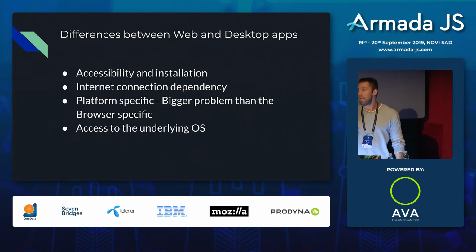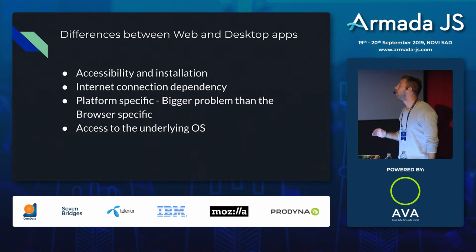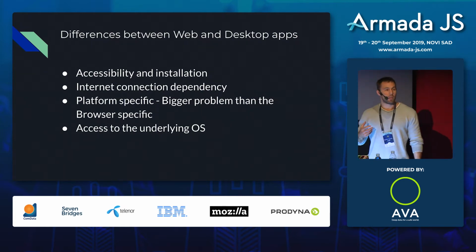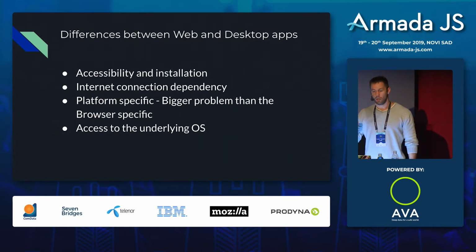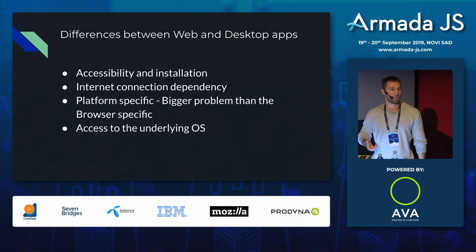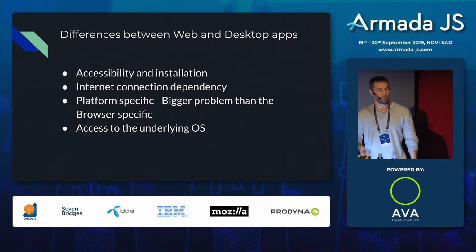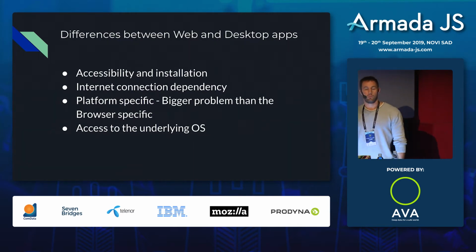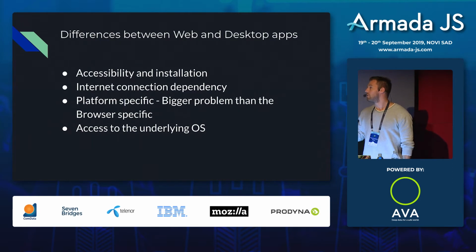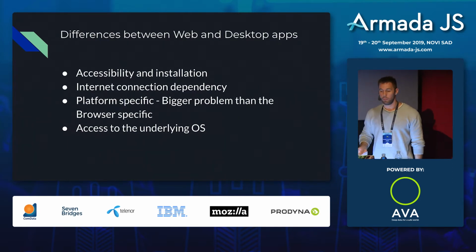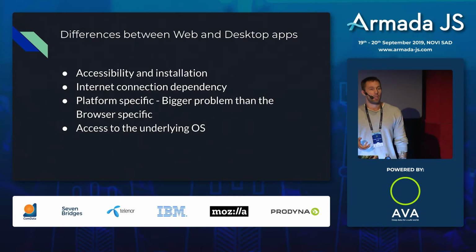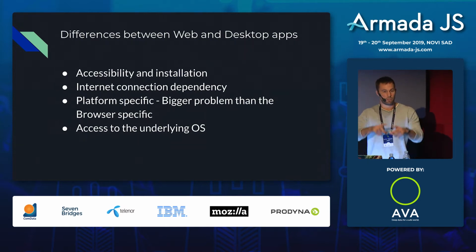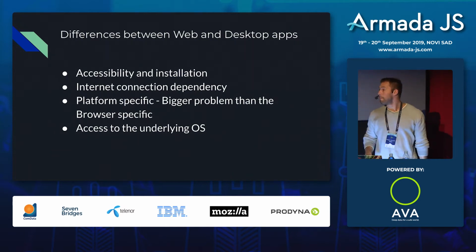And maybe the biggest difference is that a web application cannot access your operating system in ways that modify your file system. It can read from the file system, you can upload an image, but you do not have access to the underlying OS, because basically your web app is just something that is rendered in a browser.